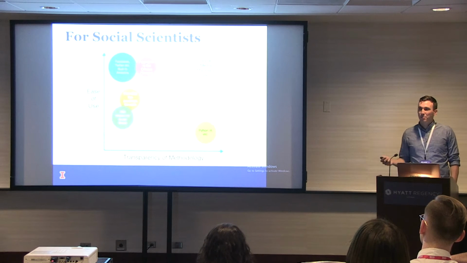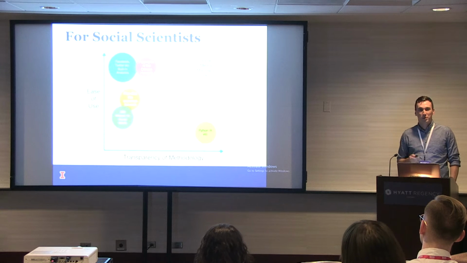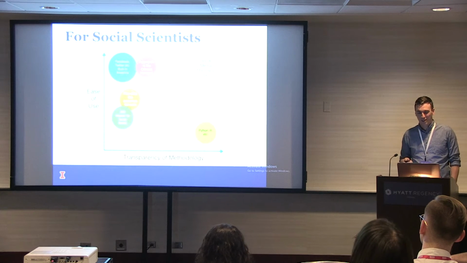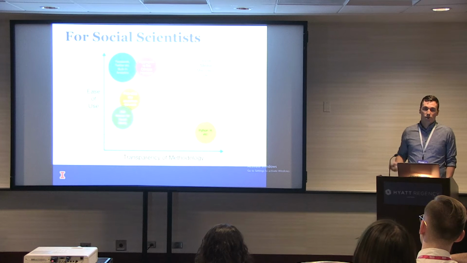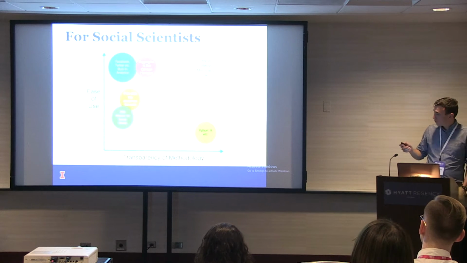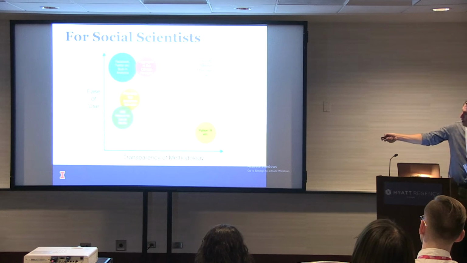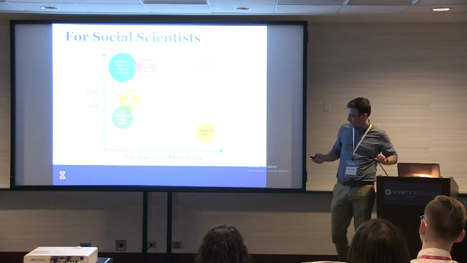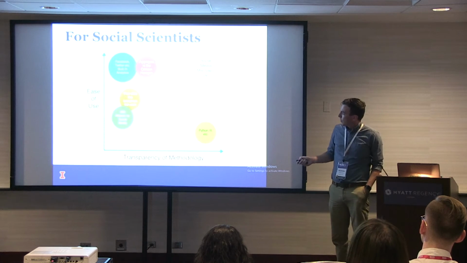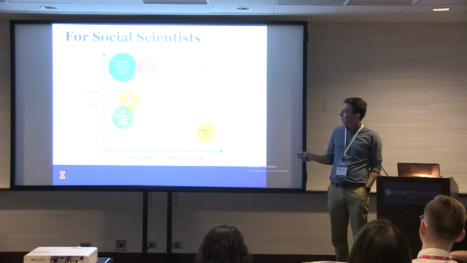So the problem statement that headed us towards building a macroscope for social media data is two issues. The first is for social scientists. So social scientists looking at tools that are easy to use, so they don't have to try and learn how to use complex things like R and Python.